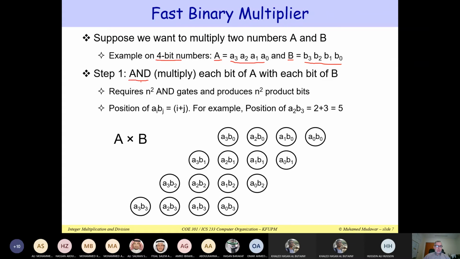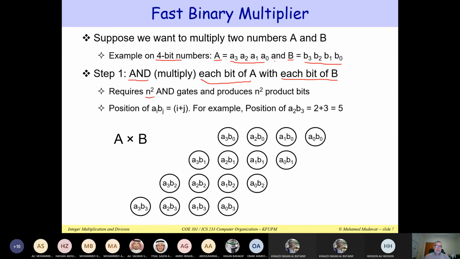But what I have to do is to AND each bit of A with each bit of B. Now you have 4 bits in A and 4 bits in B, so this will give me 16 partial bits, which is 4 multiplied by 4. But in general, I need n squared.